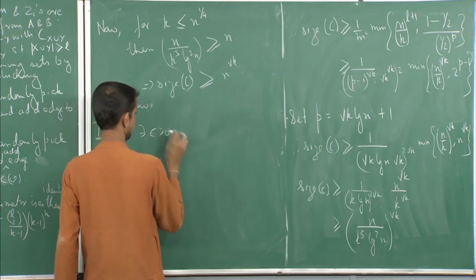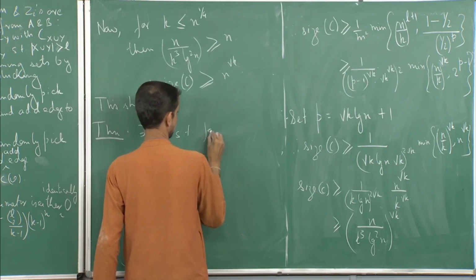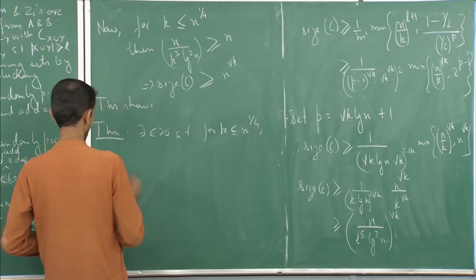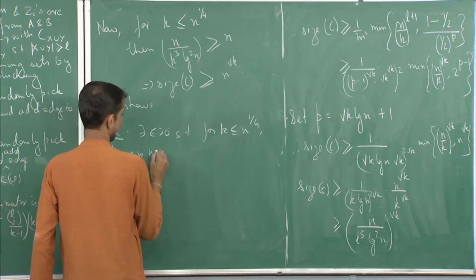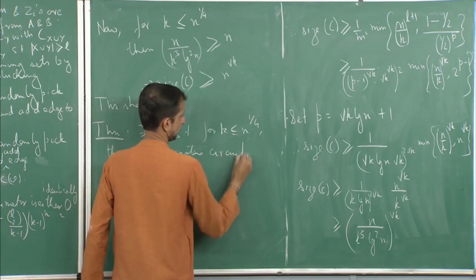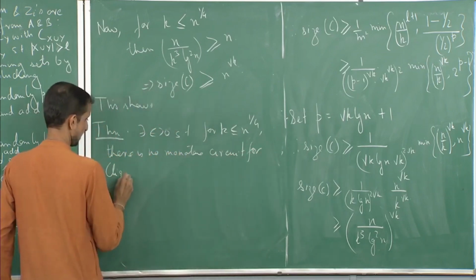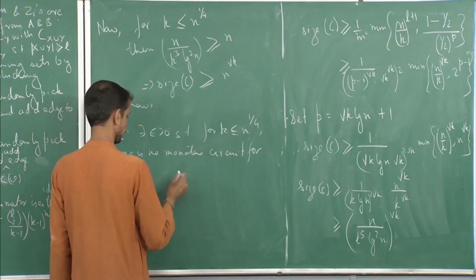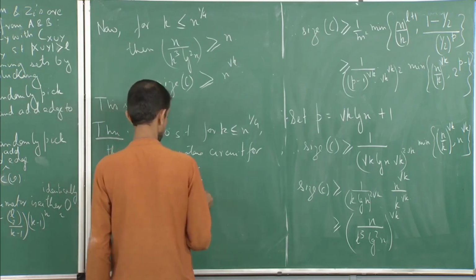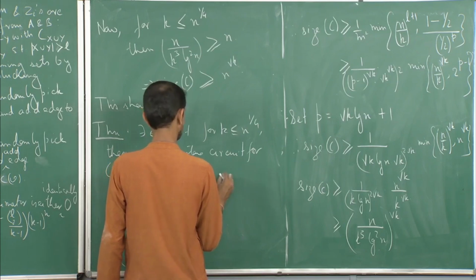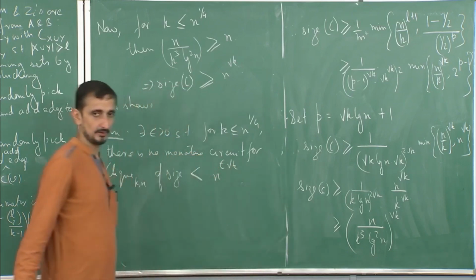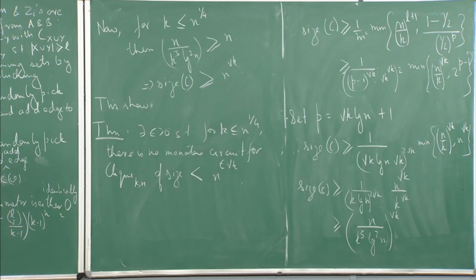There exists epsilon greater than 0 such that for k at most n to the power 1/4, there is no monotone circuit for clique k n of size less than n to the power epsilon root k. Okay. So this proves the theorem.